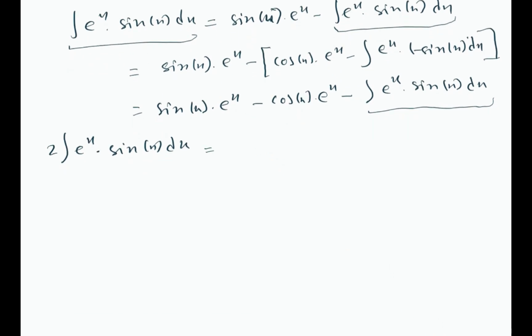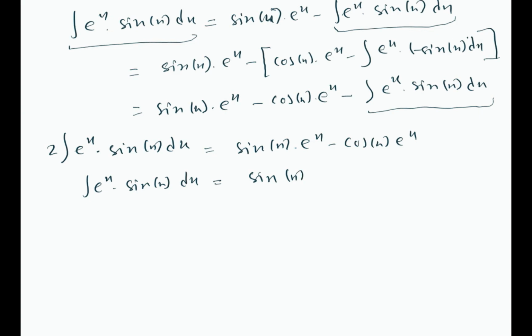So then I can write sine of x times e to the power x minus cos of x e to the power x. Then we can write the integral of e to the power x times sine of x dx is equal to sine of x times e to the power x minus cos of x times e to the power x, divided by 2, because we have divided both sides by 2, right?